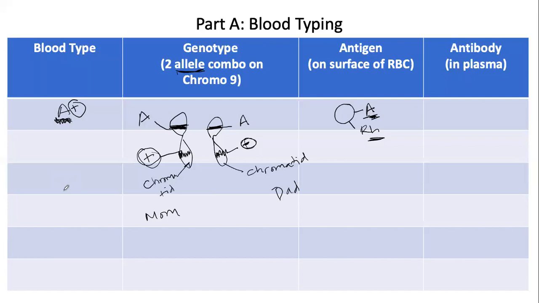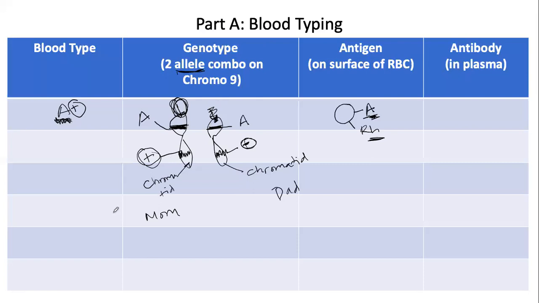Dark or light? Dark, okay? So if you have a code for dark on one chromosome and a code for dark on another chromosome, what hair color are you going to have? Dark hair, right? If you have a code for dark on one chromosome and a code for light on the other chromosome, what hair color are you going to have? You're going to have dark hair color, right? Why? Because dark hair color trumps light hair color.